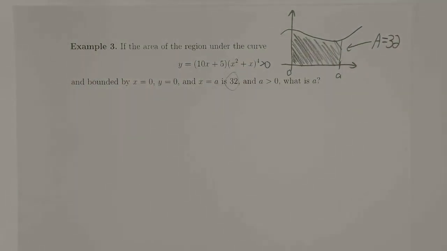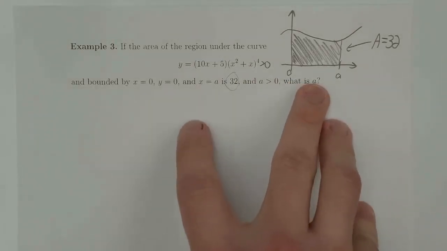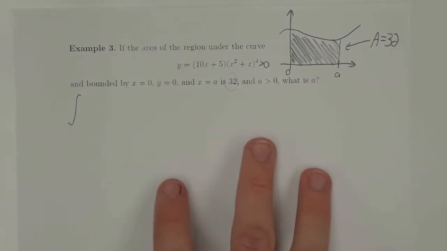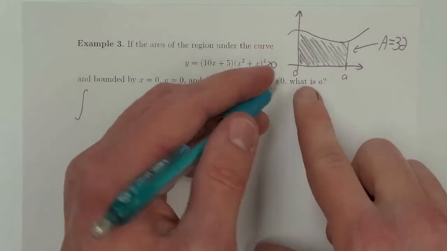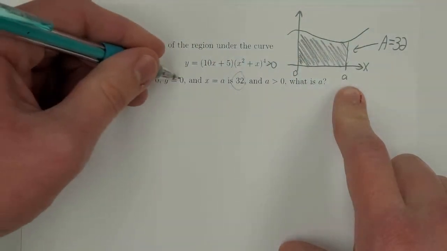Okay. Now, if you recall from lesson R, what is the integral that we need to work with here in order to be able to find the area of this thing? So we have this function from x equals 0 to x equals a, and remember, y equals 0 is the x-axis, right?